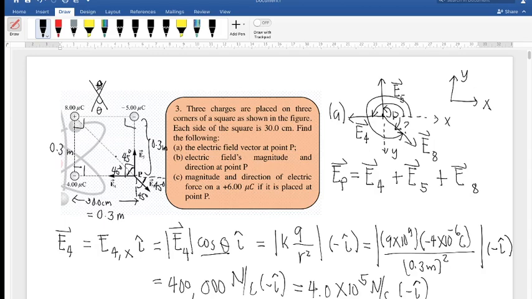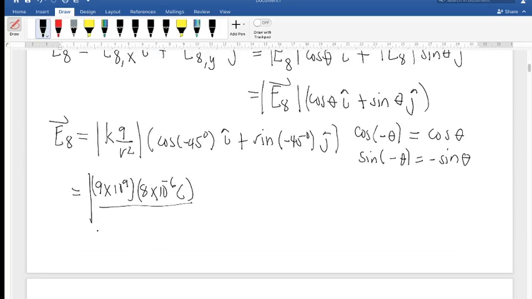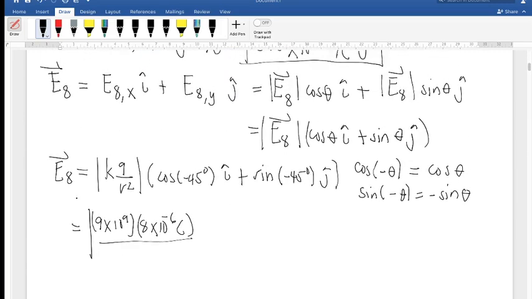Using the Pythagorean law, we have here the hypotenuse. So our r is just equal to the square root of 0.3 squared, twice only, because there are two of them. So that is 0.3 squared plus 0.3 squared, square root of the answer.